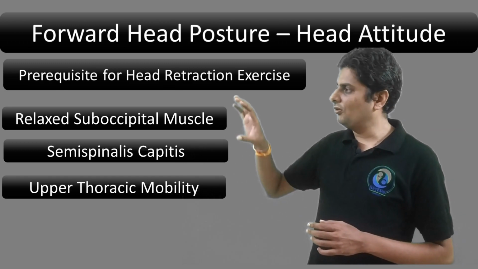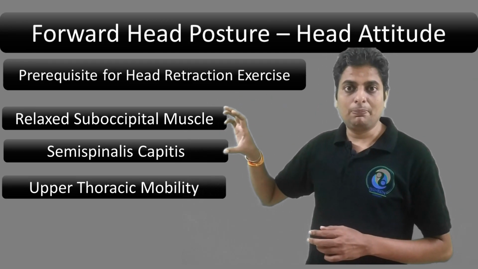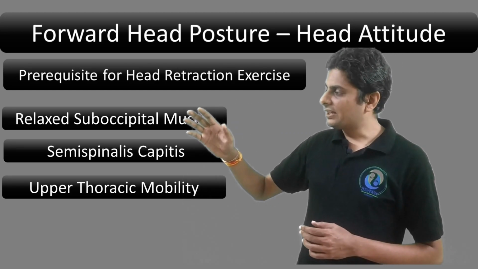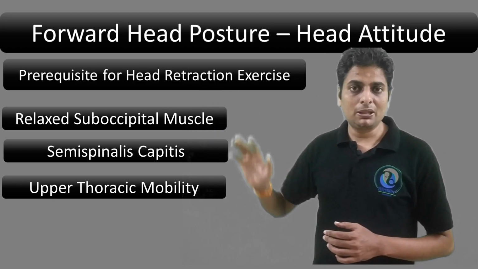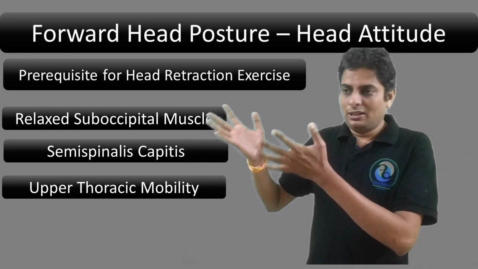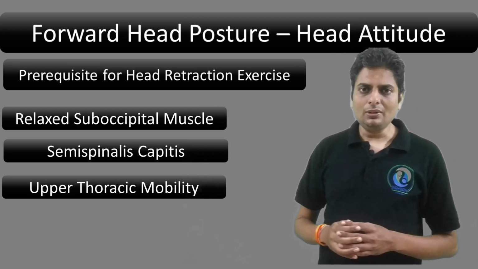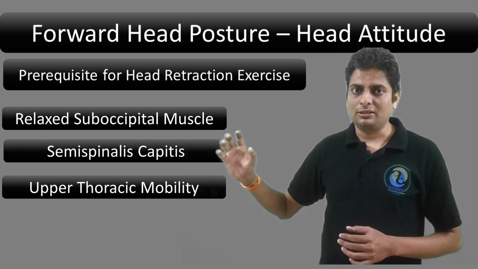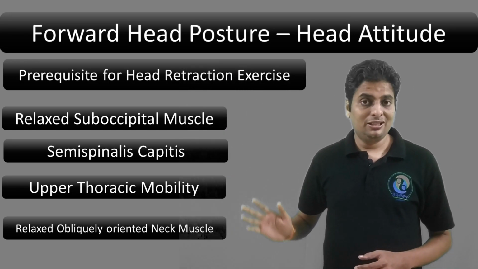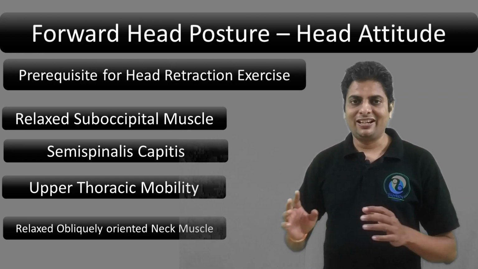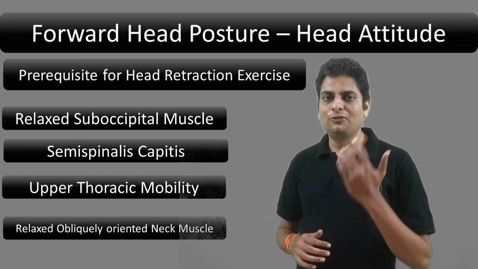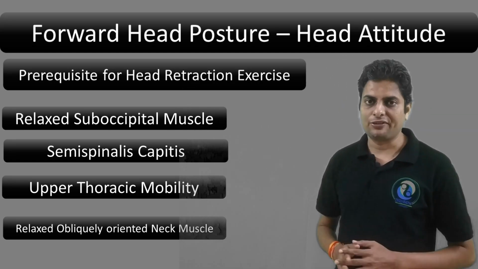Second, availability of upper thoracic spinal movement or mobility. So unless extension is available in your upper thoracic spine, head retraction will not be possible. Now the third thing is that all your obliquely oriented muscles should get relaxed and lengthened so that you can achieve a full range of head retraction.